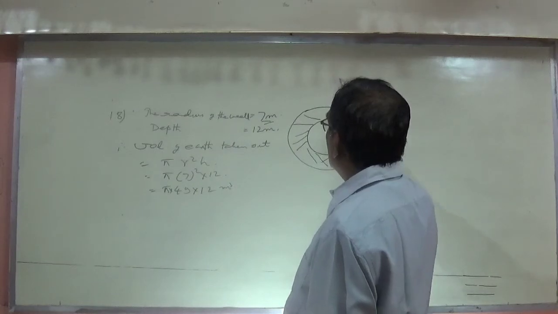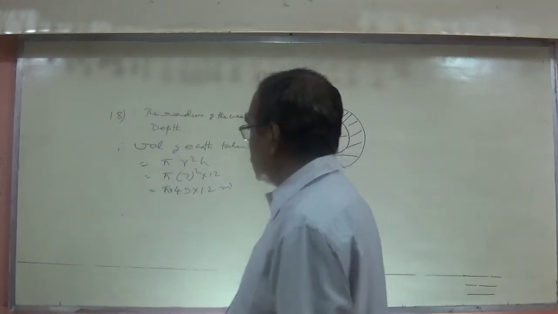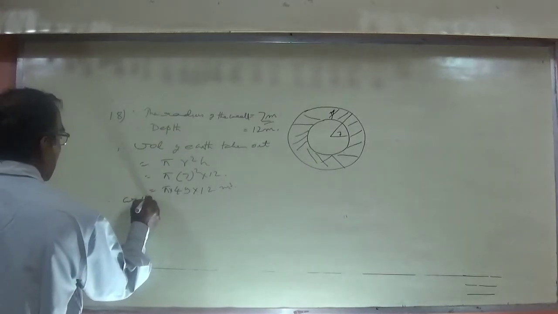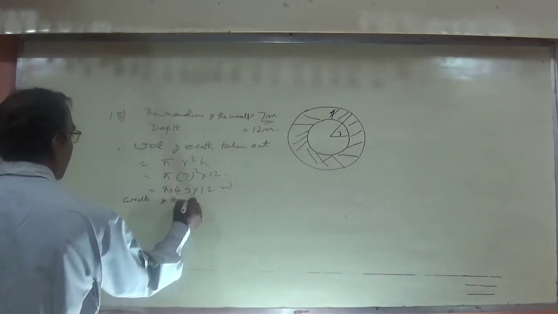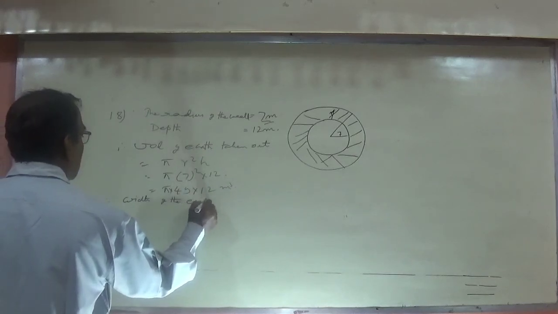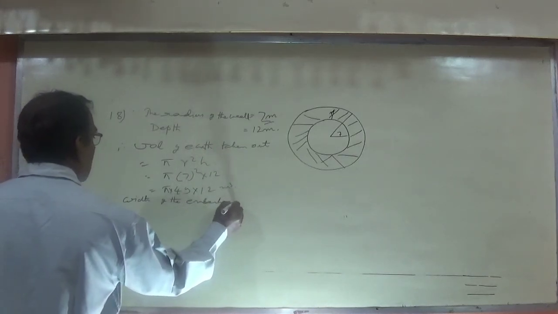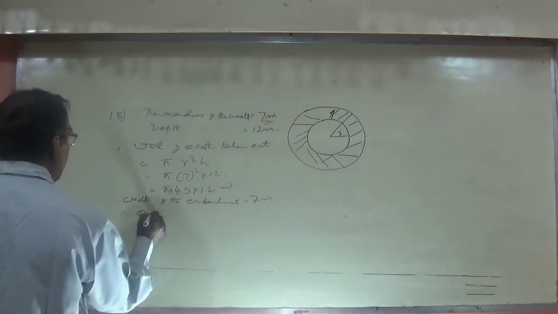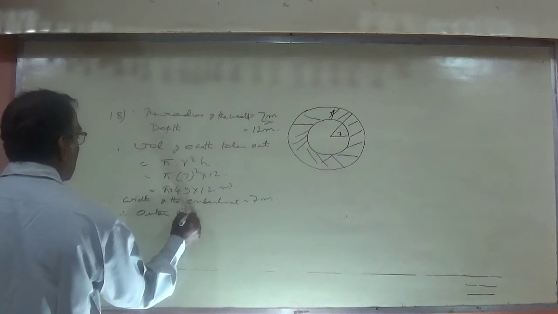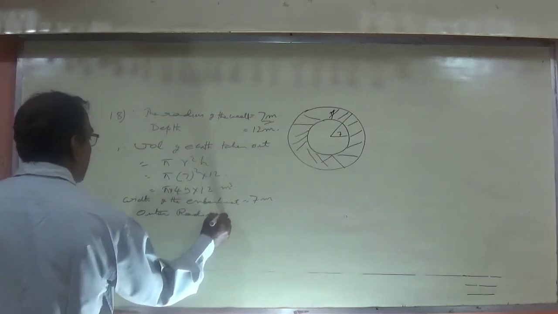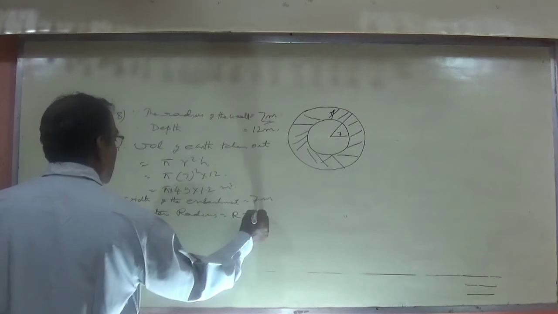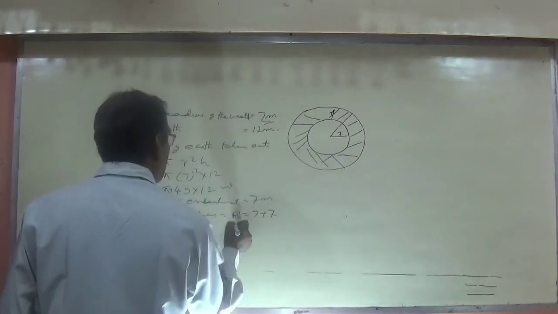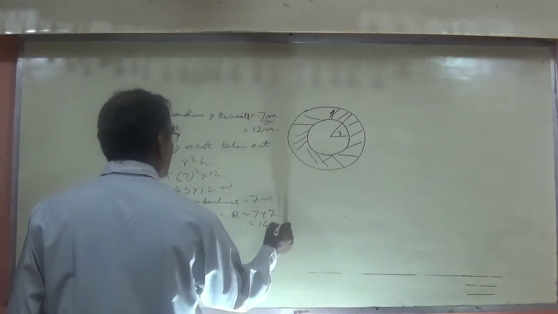So therefore, since the width of the embankment is equal to 7 meter, the outer radius, capital R, is equal to 7 plus 7, which is equal to 14 meter.